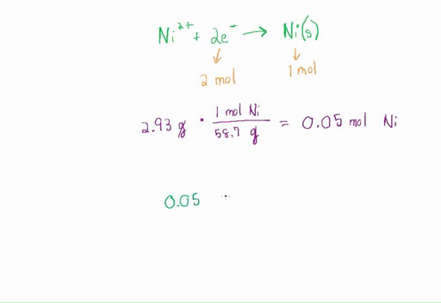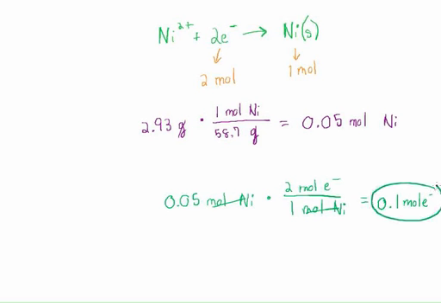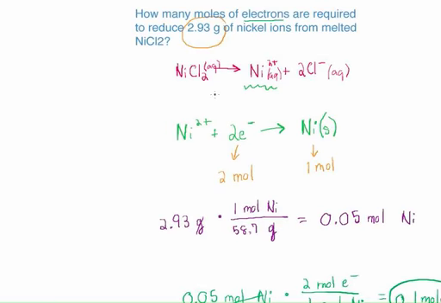For every 0.05 moles of nickel, I have a ratio of 2 moles of electrons for every 1 mole of nickel. And that gives me 0.1 moles of electrons needed. Ta-da!